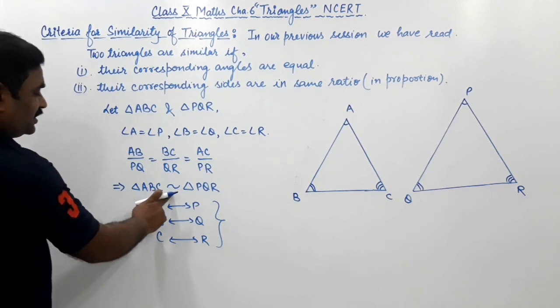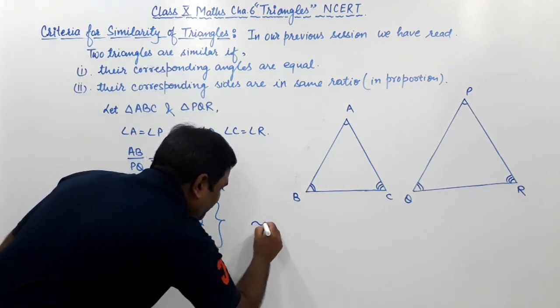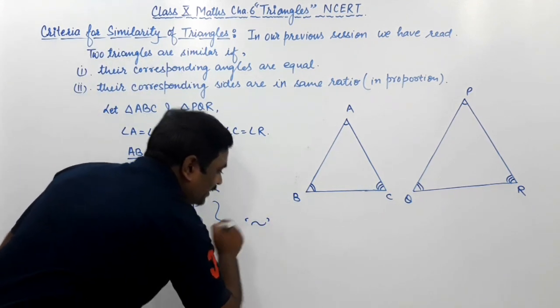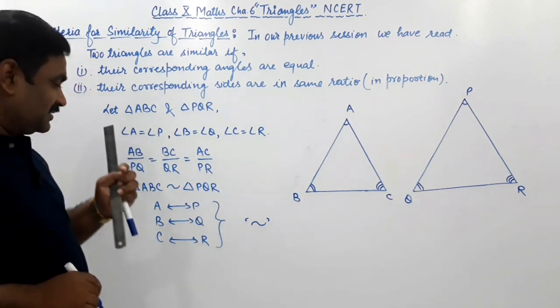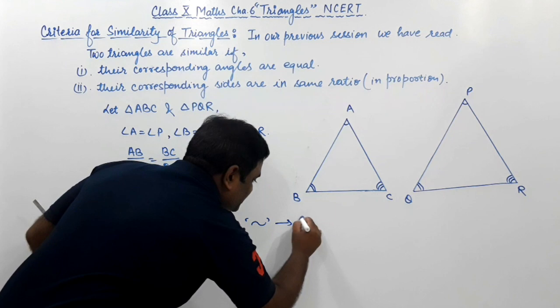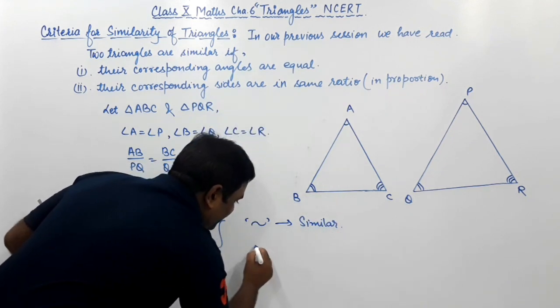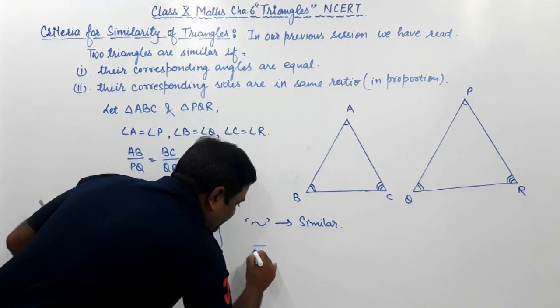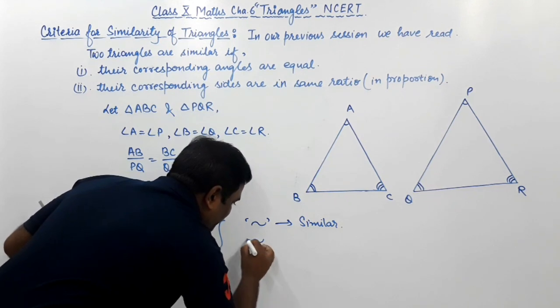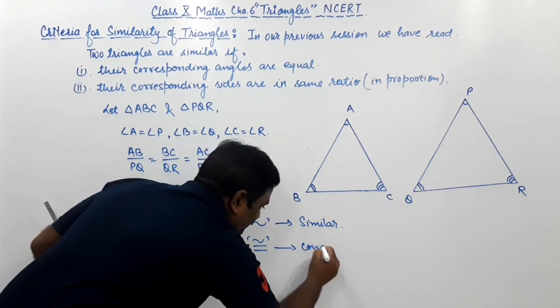This symbol is called similar. If you remember in class 9th, you have read the same type of symbol but a little bit different. This is the symbol of similar. There in class 9th you have read this is the symbol, and this symbol is called congruent.